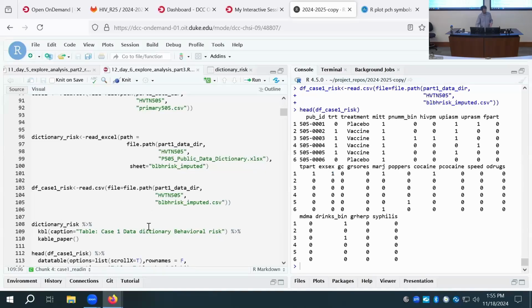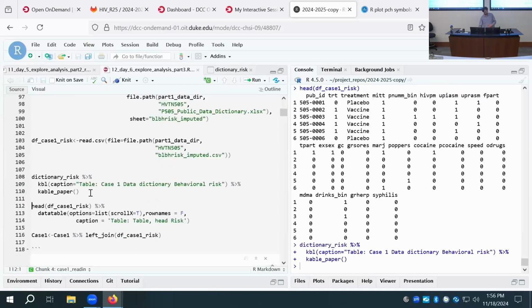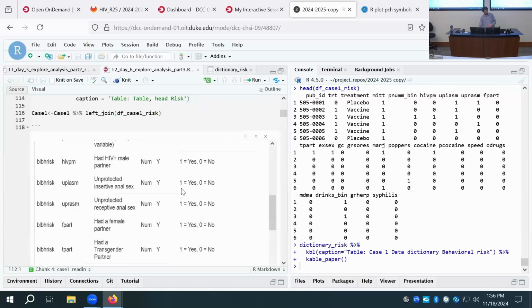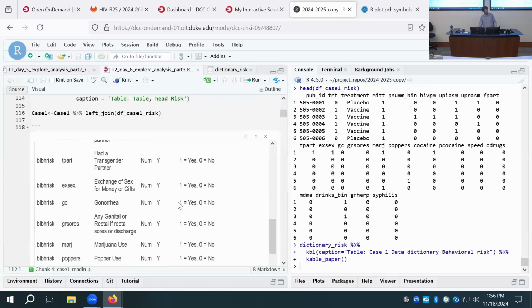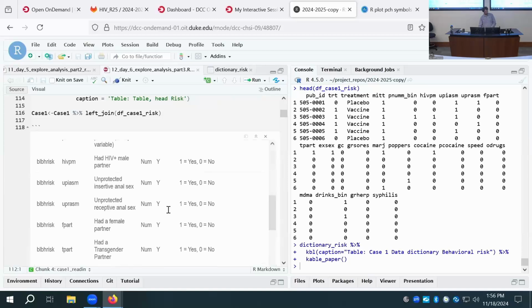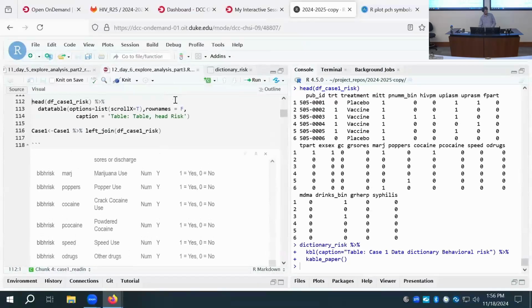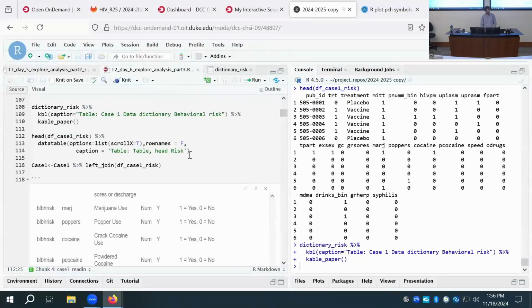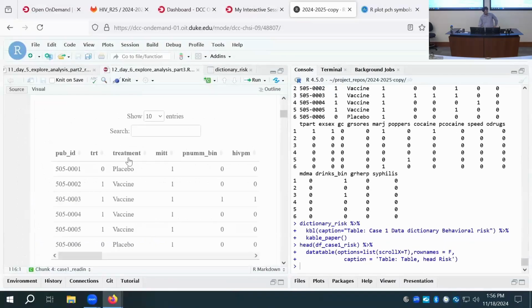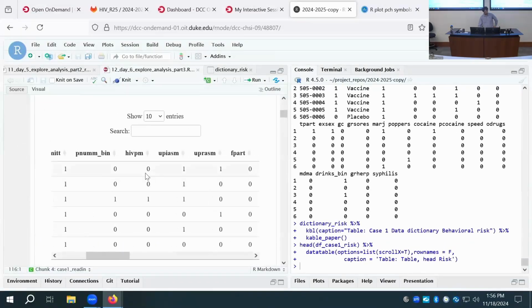And if we wanted to look at the actual dictionary, this is something, if you were making a report, you'd pass this out to Cable, and it'll give everything broken down. And it tells us, okay, 1 is yes, 0 is no, for each of these variables. Okay. This is the data frame.